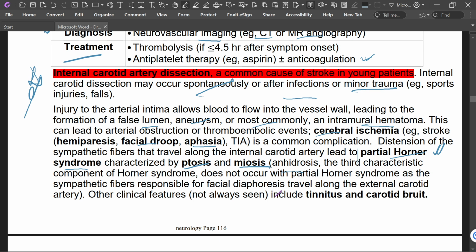Anhidrosis means absence of sweating. So the patient normally sweats here.